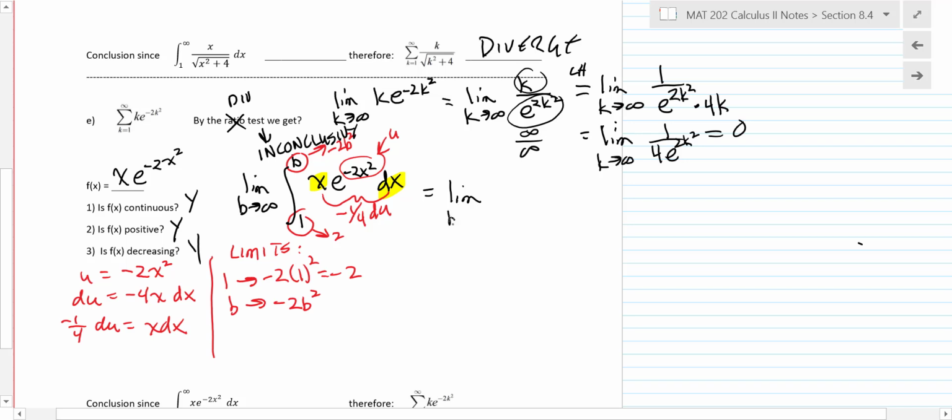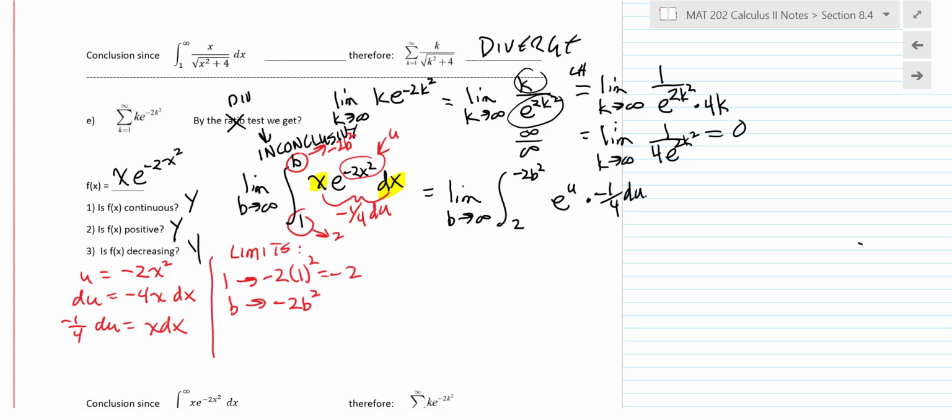We'll have the limit as b goes to infinity of the integral from negative 2 to negative 2b squared of e to the u times negative 1/4 du. So that's all the substitutions in there. Isn't it from negative 2 to negative 2b squared? The limits?